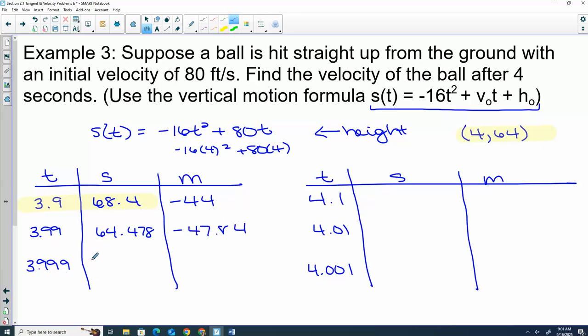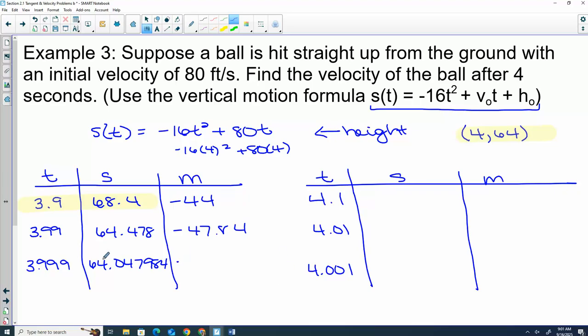All right, and 3.999. Tanner, what did you get for your height? 64.047984. And what did you get for your slope? 0.047996. Let's double check that one. I think your slope might be off.